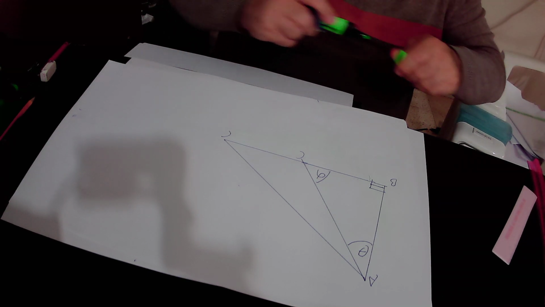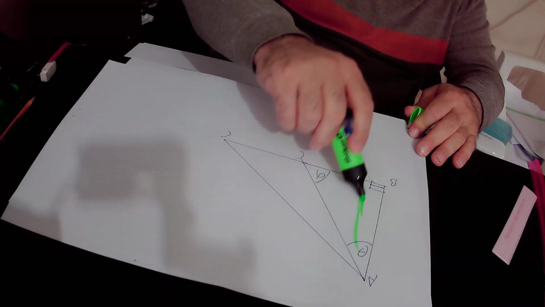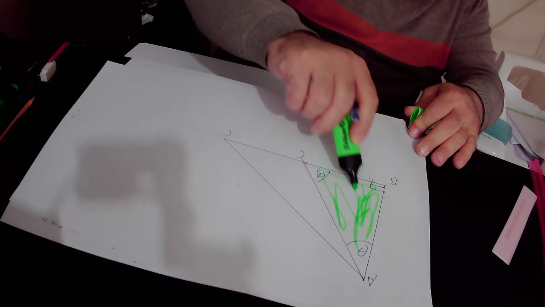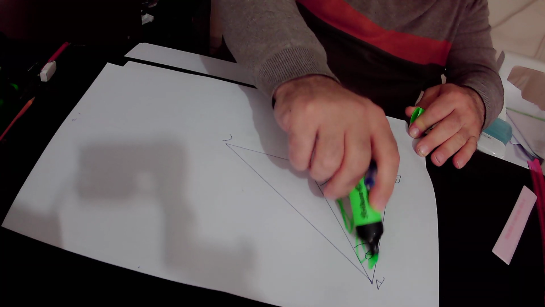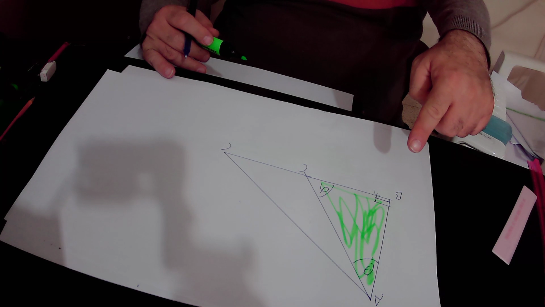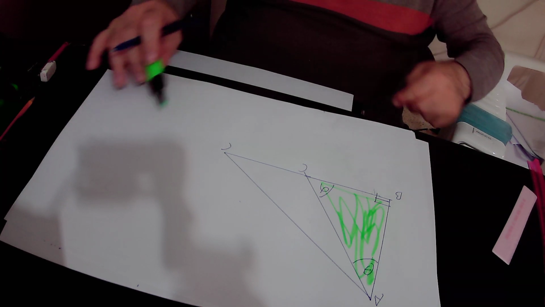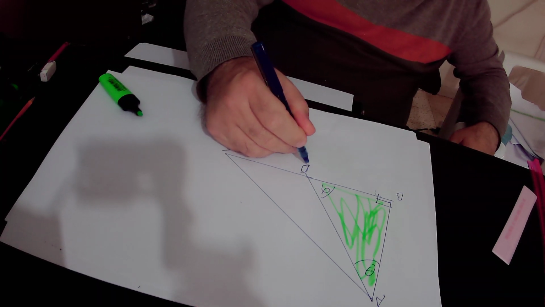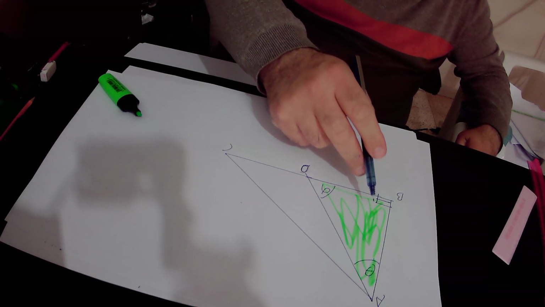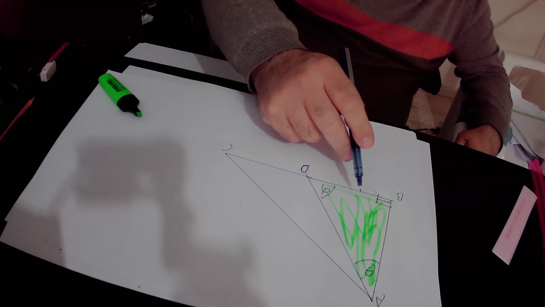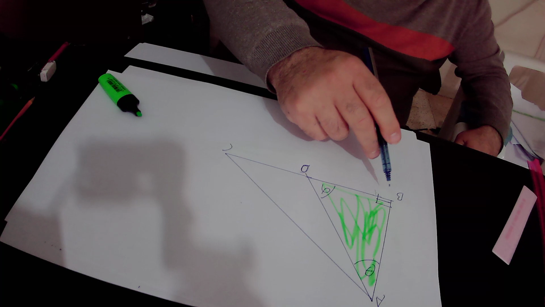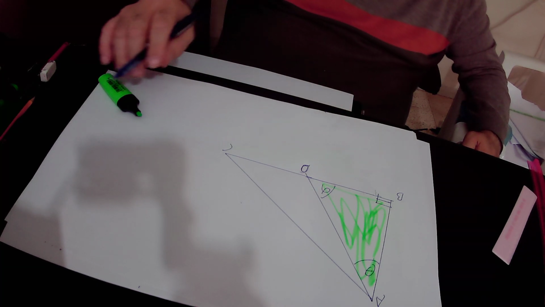So in the right triangle, triangle ABD, we have three interior angles. The three interior angles that we have in the right triangle ABD are theta, 90 degrees, and alpha.